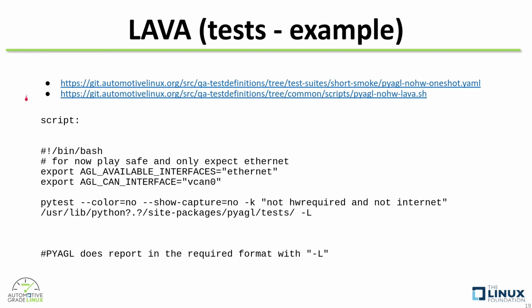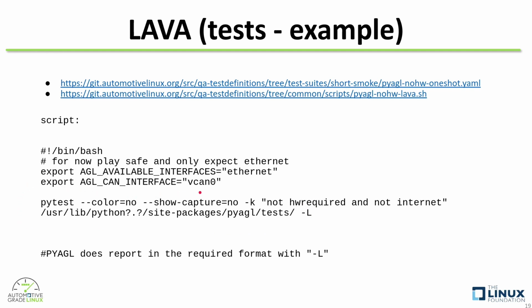This is the script part. Basically, we export a couple of variables, and in this case, we call PyTest. PyAGL is a test suite for the AGL services written in Python using the PyTest framework. PyTest itself has support for the Lava style of output, so it will generate the output in a format that Lava recognizes.